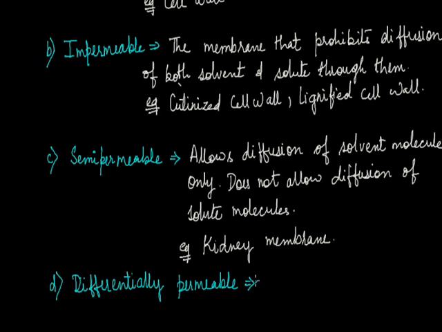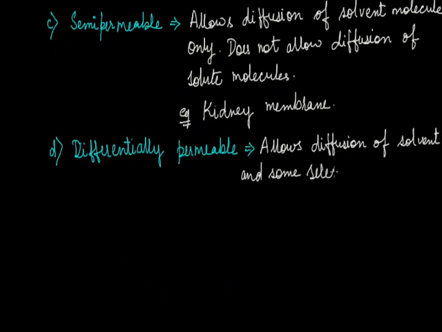So it allows the diffusion of solvent plus selected solute molecules. Example of a differentially permeable membrane is the plasma membrane of the cell, that is called plasma lemma, and tonoplast.